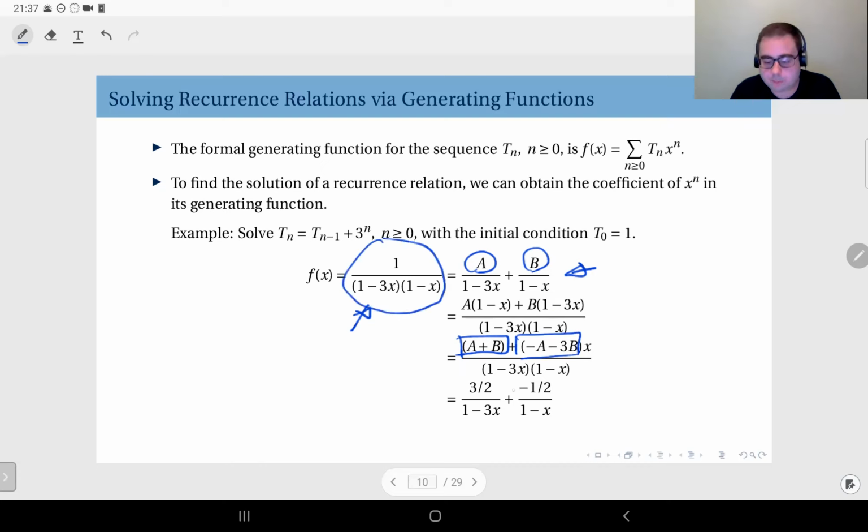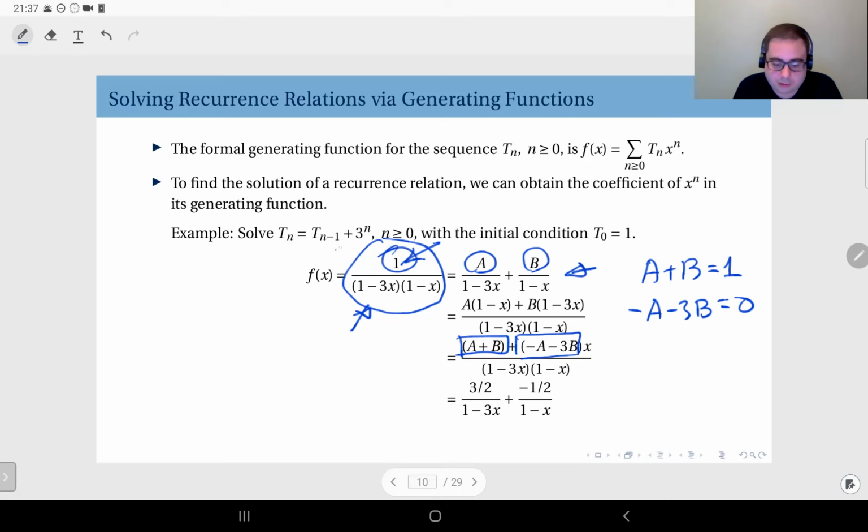So a plus b plus minus a minus 3b times x equals 1. Okay? And I can write it here, a plus b equals 1, and minus a minus 3b equals 0, because I don't have an x term here.